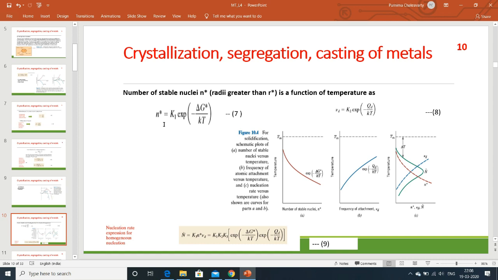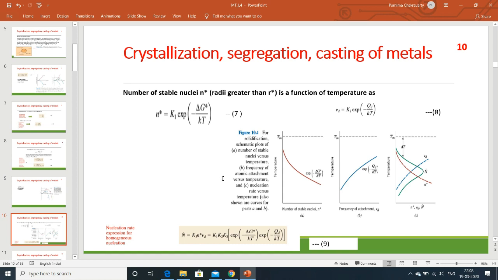So equation 7 stands for the n star, the number of stable nuclei, which is given by k1 exponential minus del G star by kT, where k is the Boltzmann constant, T is the temperature, and k1 is a constant. This constant k1 stands for the total number of nuclei of the solid phase.